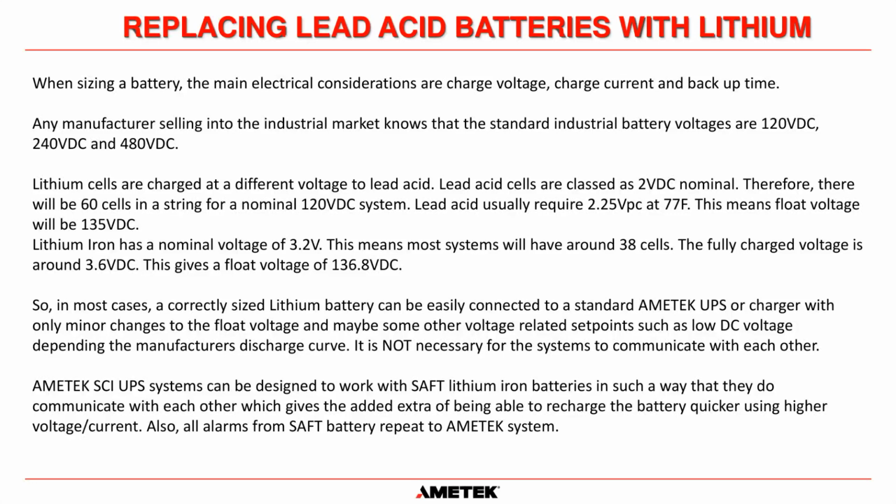A lead acid cell is classed as a 2-volt nominal cell. So in other words, when a lead acid cell is sitting without anything connected, it is classed as a 2-volt nominal. In truth, if you measured it with a Fluke, it's not 2 volts, but for ease everybody says that is a 2-volt nominal cell. Therefore, if you have 60 cells in a string, then you have a nominal 120-volt system.